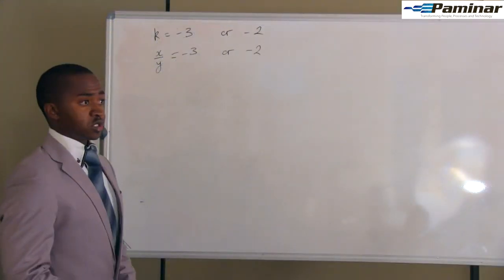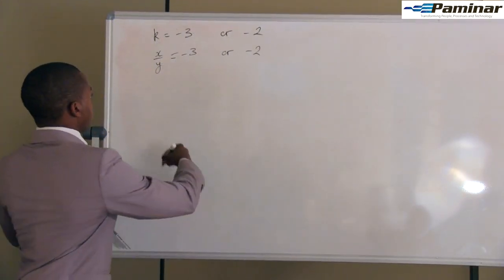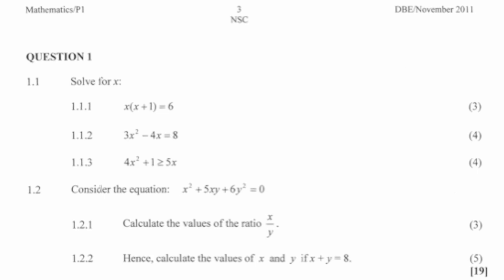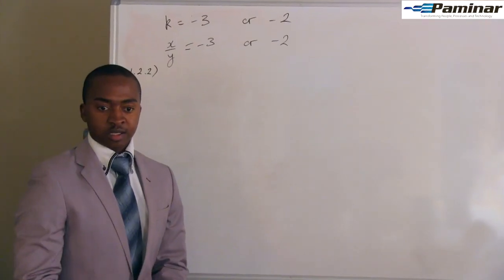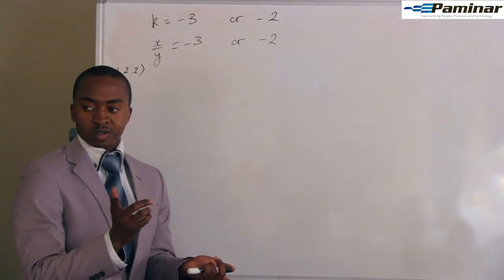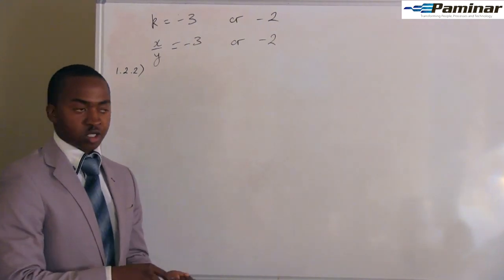Moving on to question 1.2.2. It says, hence calculate the values of x and y if x plus y is equal to 8. Whenever in a question they say hence, they mean use what you got in the previous question.